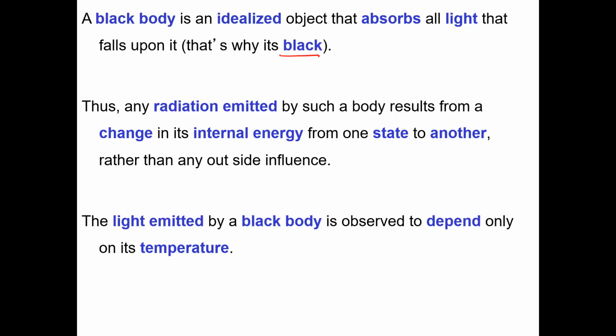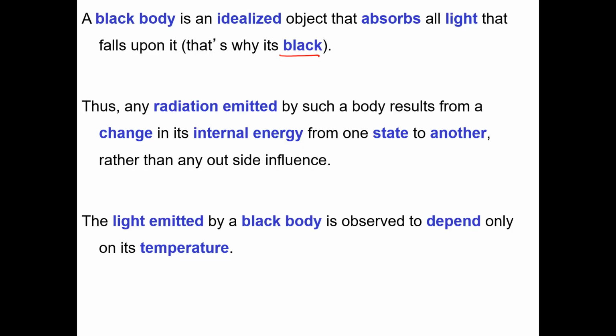A window is not a black body because a window allows most of the light that hits it to pass through it. So black bodies are important because any light they do emit has to be a result of something that's happening within the object rather than it just being light that is passing through the object or being reflected from it.